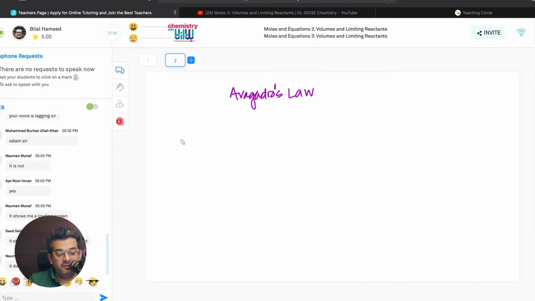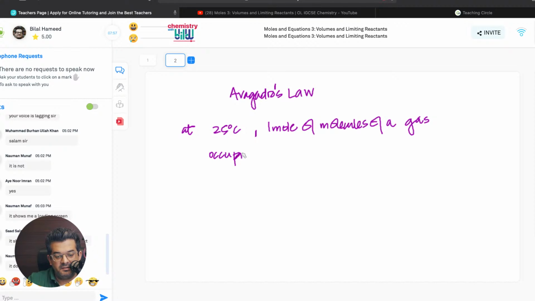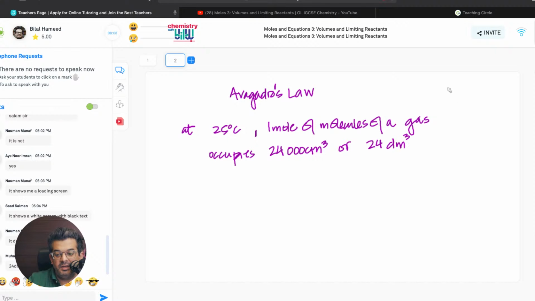Now, what does this law state? The one part that we need to know for O Levels and IGCSE is that at 25 degrees centigrade and 1 atmosphere pressure, 1 mole of molecules of a gas occupies 24,000 cm³ in volume, also known as 24 dm³, where 1 decimeter is 10 centimeters, sorry, not 100 centimeters.